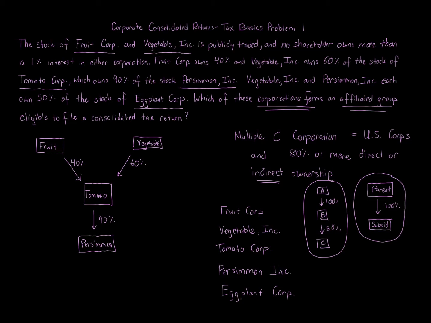So we've gone through Fruit, Vegetable, Tomato, Persimmon. I'm looking on the right side there. We've got Eggplant. So we're told that Eggplant is owned by two, Vegetable and Persimmon. So Persimmon owns 50% of Eggplant, and Vegetable owns the other 50%.